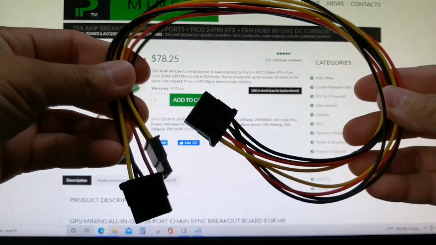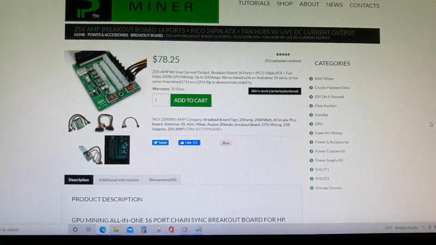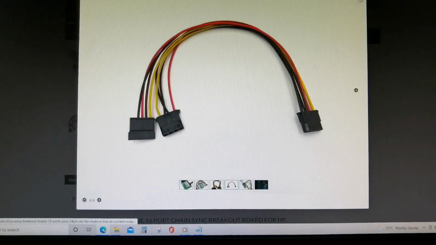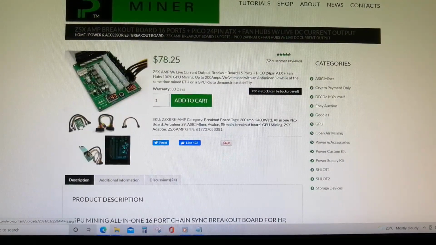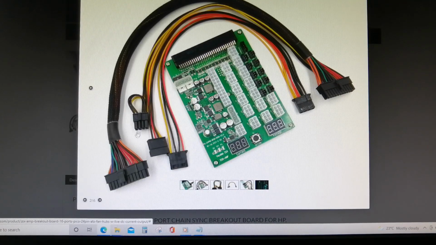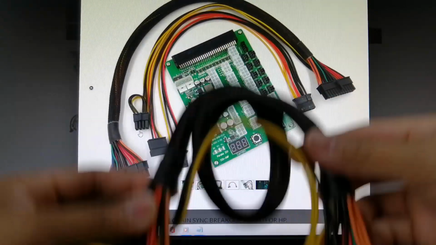This one here is the Molex cable, which is this one right here, and it comes with the 24-pin cable, and it also has the 8-pin connector, which is this one here.